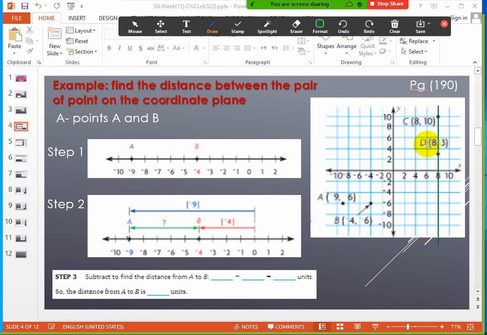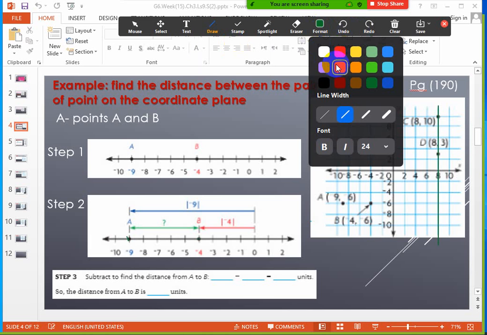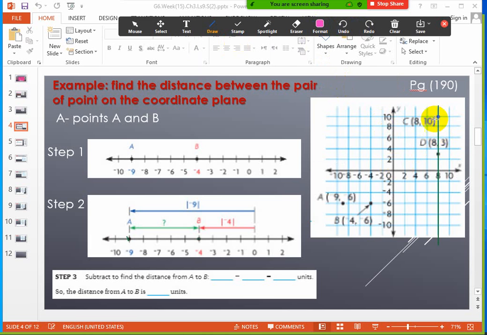Okay. Let's see, girls. For the first point, the Y is what? It's C. The Y is 10. This is the Y. The Y is 10. And the second point, the Y is 3, between 2 and 4 in the middle.